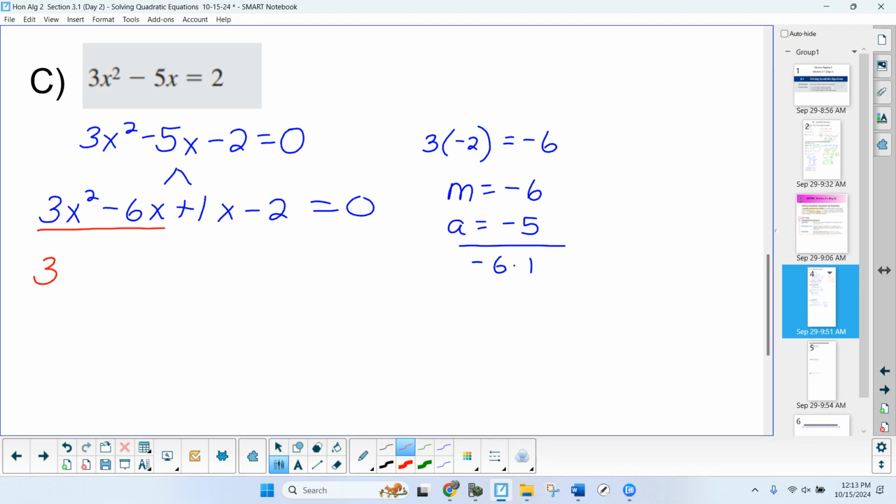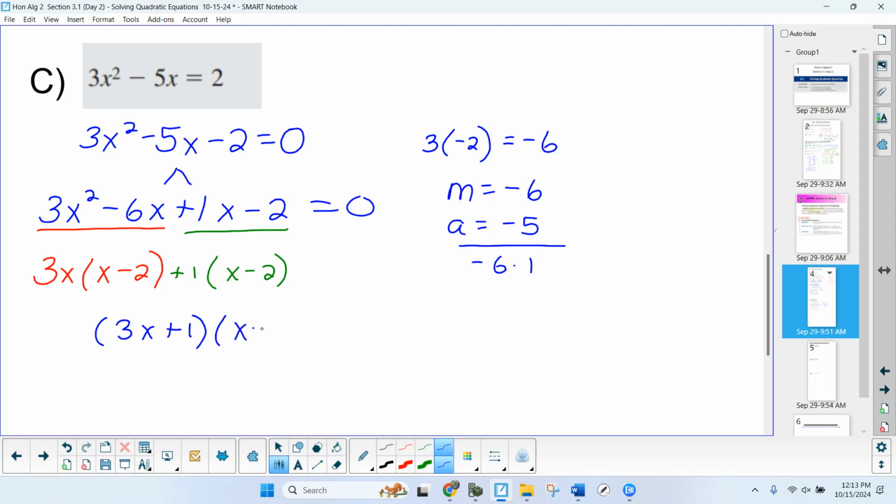And when you do, what do you have left? x minus 2. So what are you going to factor out of this one? You have to factor something out. Positive, just a 1. Yeah. And when you do, what do you have left? x minus 2. Did you make the same thing inside the parentheses? Yeah. So what did it factor to? 3x plus 1 and then x minus 2. Does it matter what order your factors are in? Are you done once you factor?